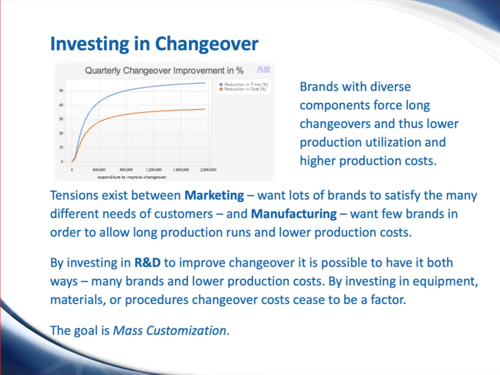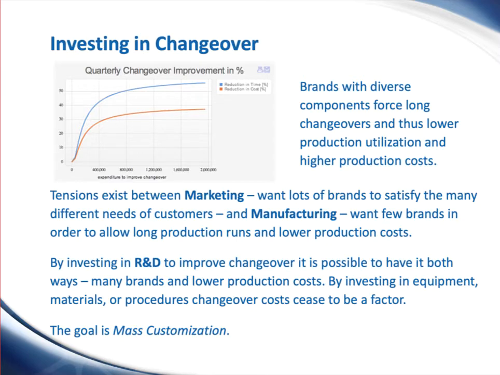By investing in research and development to improve changeover, you can actually have it both ways. By investing R&D to improve changeover, you can have more brands and lower production cost because you have invested in technology and equipment and materials and procedures so that your changeover cost will be a non-factor for your production.